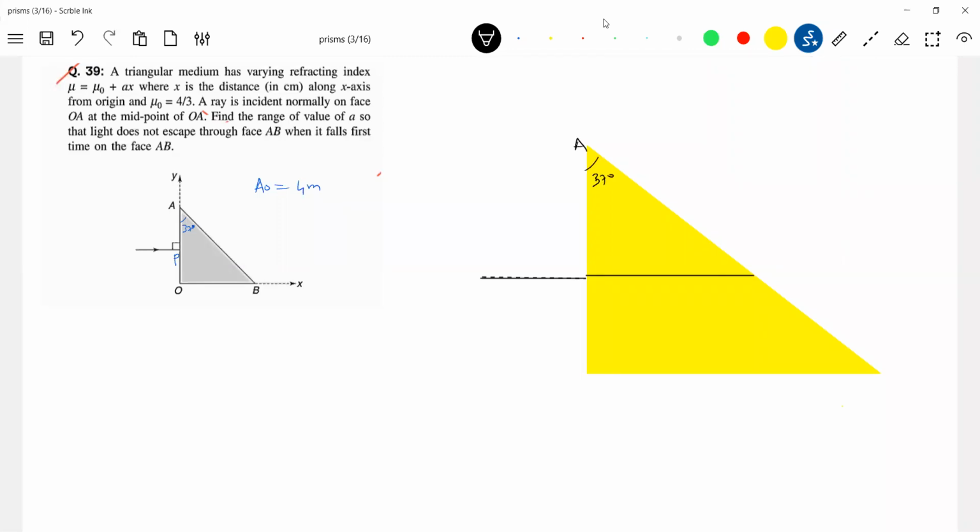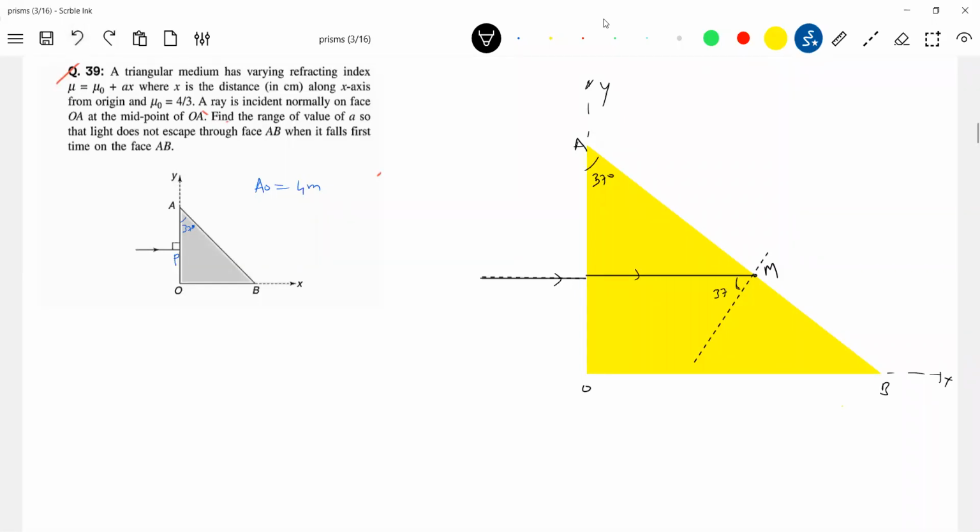So let me take this as AO, B. This is the x-axis. He has given a coordinate system. Let O be the origin. So let this be the M. So here, this will be the normal. So as this is 37, this should be 37.